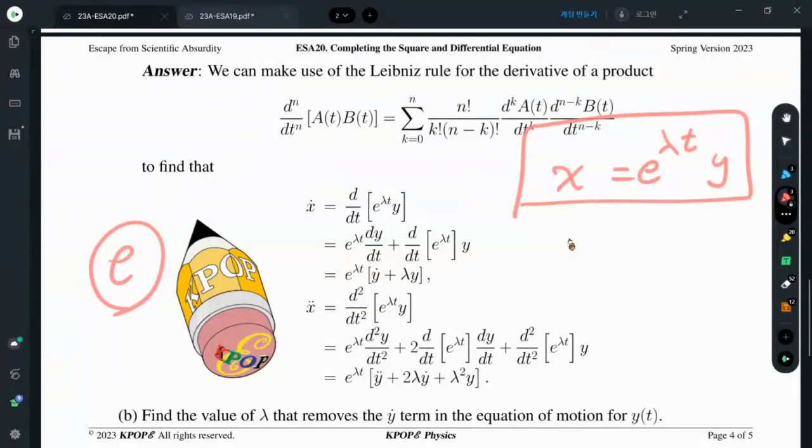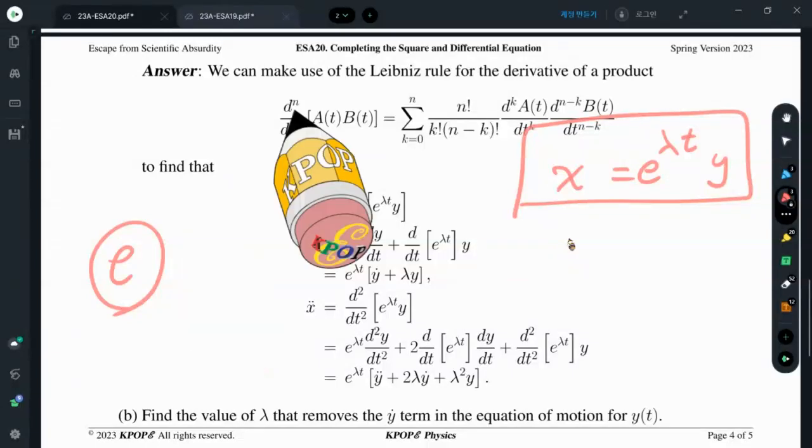If you want to understand nature, you need to construct the equation of motion, and the equation of motion happens to be a differential equation, and the solution of the differential equation is very easy to find once you know the law of exponents.